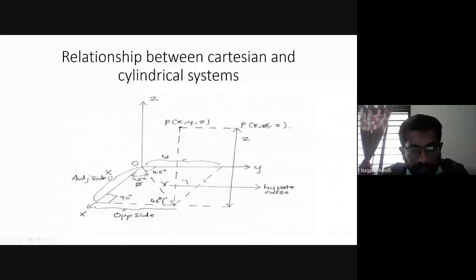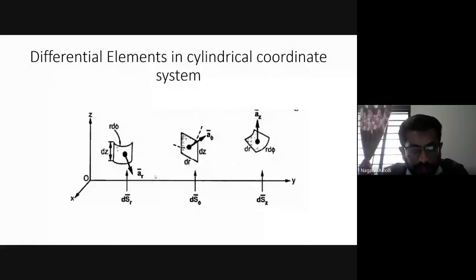In this surface, you can see the arc length R d phi. This is dz, the z axis. The perpendicular to that is AR bar. This is the curved surface of the cylinder. Hence we get R d phi dz. The area will be R into d phi into dz. Let us write that down.